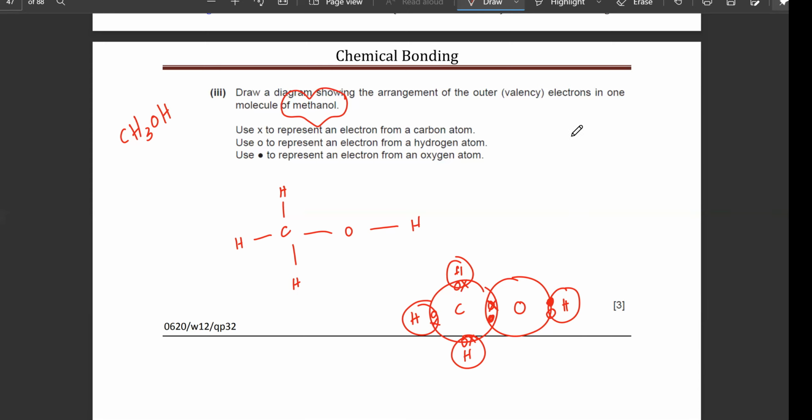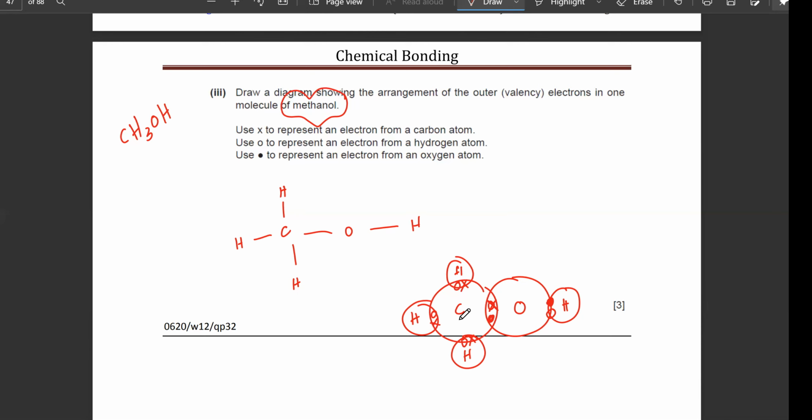Yes, sir. The only thing that you have to do is make sure that all of them have a complete octet, the non-bonding electrons. So how many more non-bonding electrons should I draw on oxygen? Anyone? How many are left? 4.